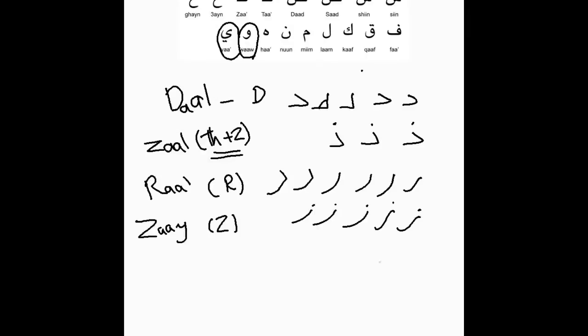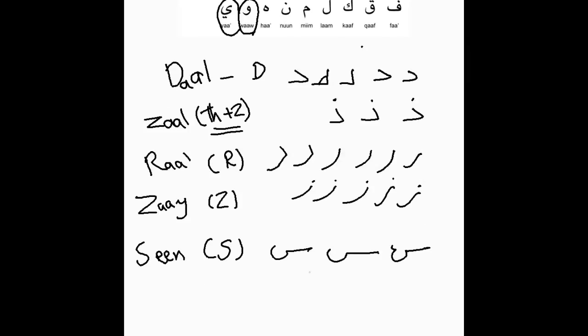And then we have Sin. Sin, I prefer it like this. Sin, it's S. So Sin, a straight line and then half a circle. That's Sin. It's really simple. Half a circle and a straight line and half a circle.